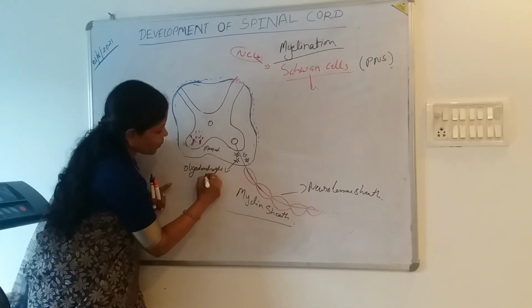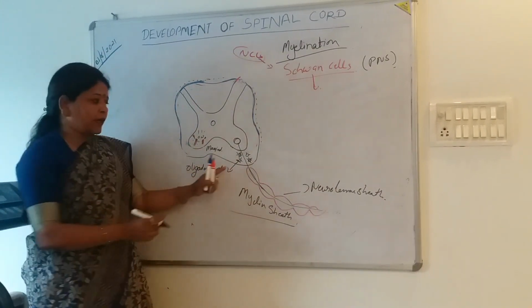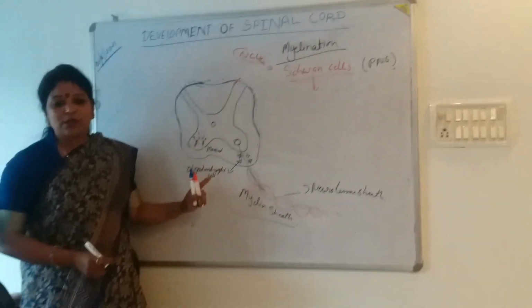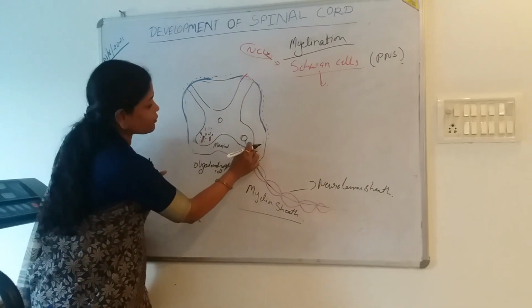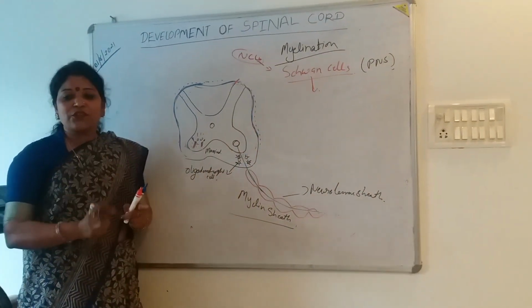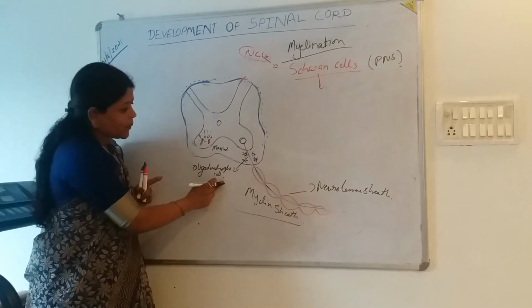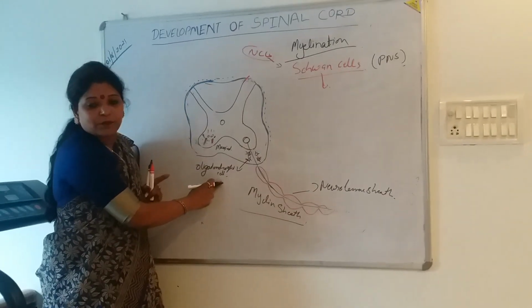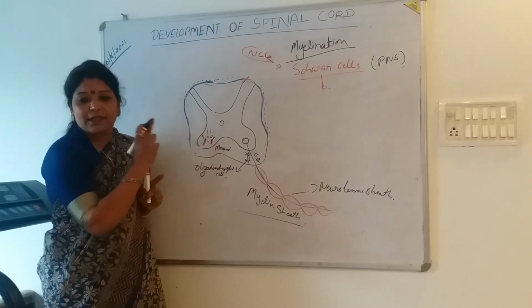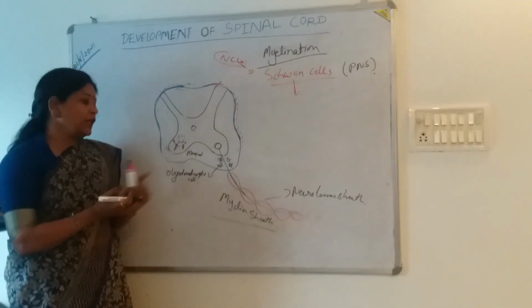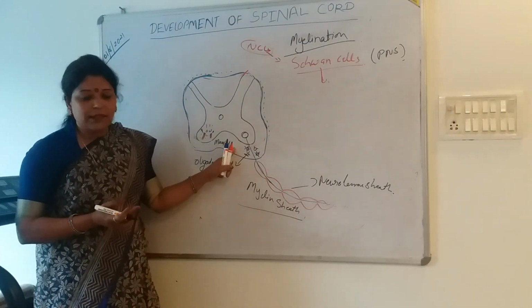These oligodendroglial cells are responsible for the myelination of that part of the axon which is present inside the spinal cord. And where do they come from? They come from the neuroepithelial cells, and are present in the marginal layer.